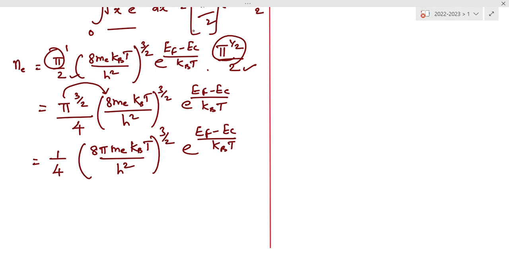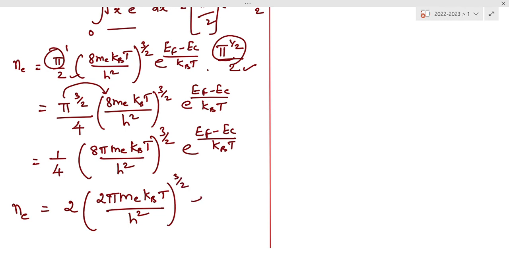The usual formula to express the above equation, number of electrons in the conduction band of an intrinsic semiconductor, is 2 into (2 pi me kBT by h square) the whole power 3 by 2 e power (EF minus EC) by kBT. So this is the general expression.